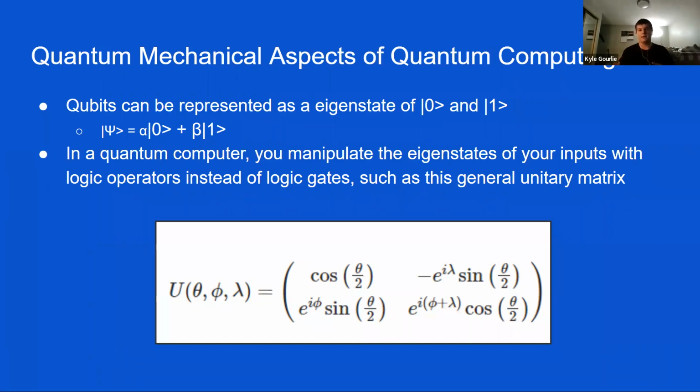We can manipulate those 0 and 1 eigenstates using what are called quantum logic gates. What's the beauty is that you can rewrite the majority of logic gates that we've seen in class using a unitary matrix. The idea of a unitary matrix is that when you multiply its complex conjugate with itself, you get the identity operator, and it's invertible. And when you multiply its inverse with itself, it also gives the identity operator.